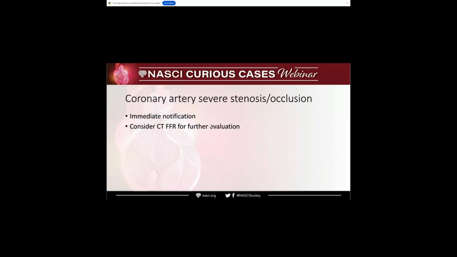So basically, this is quite a severe, even at least category 4, and it requires immediate notification because the patient can actually have an impending heart attack. You can use CT-FFR for further evaluation because it will show you either that the vessel is actually occluded or it is a very high grade ischemia. And then it can be an adjunct tool to decide on catheterization.